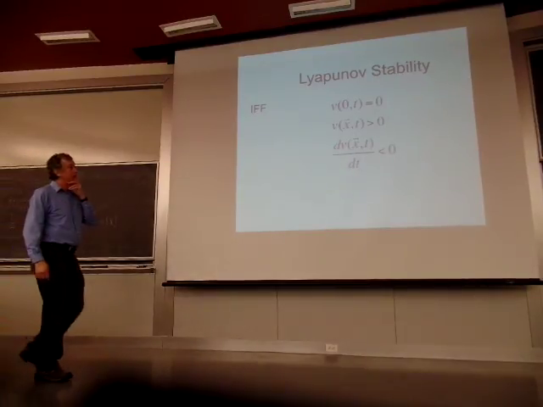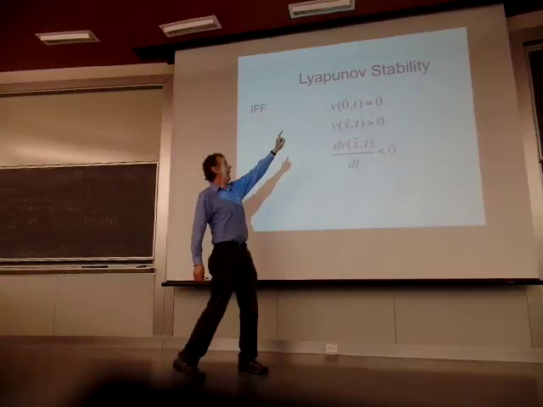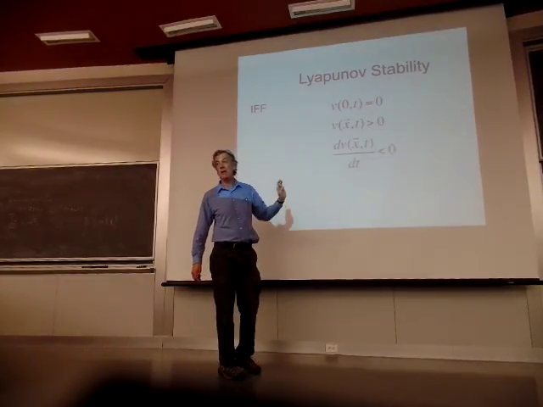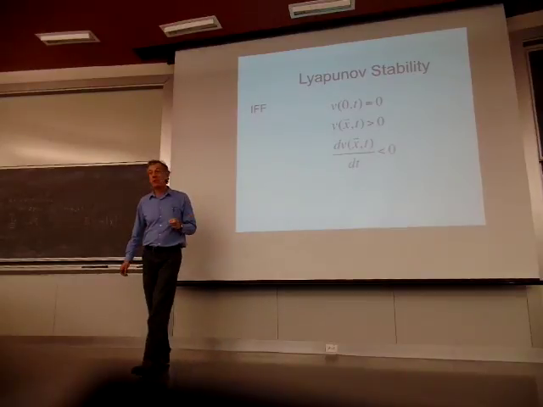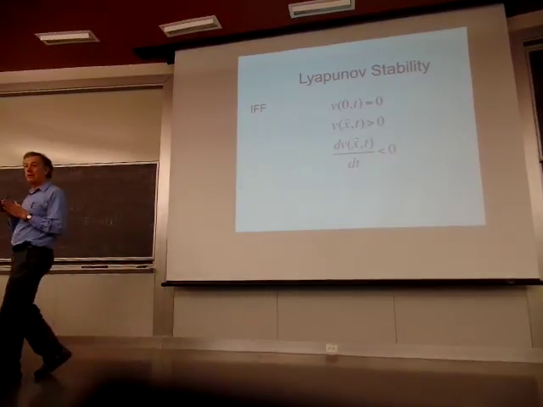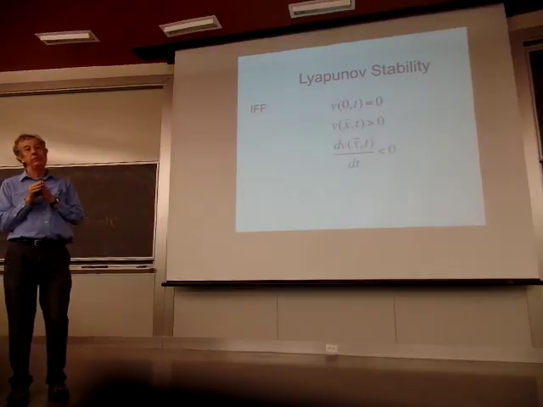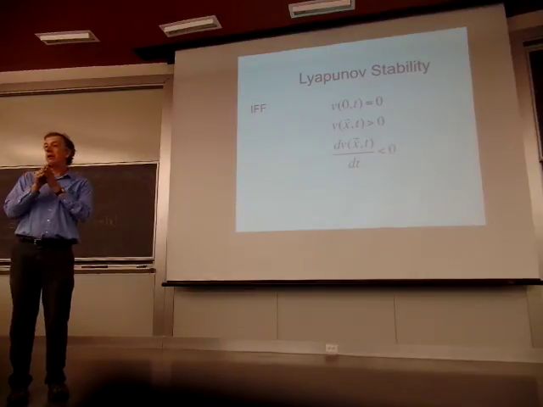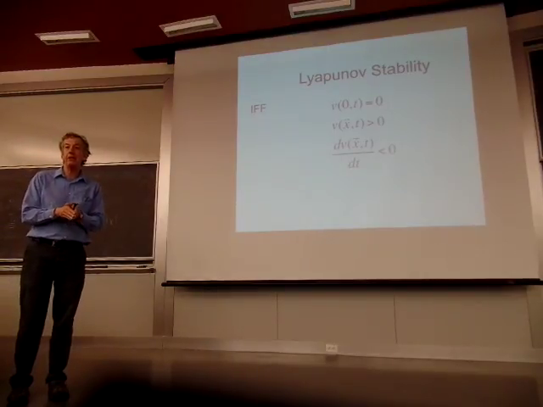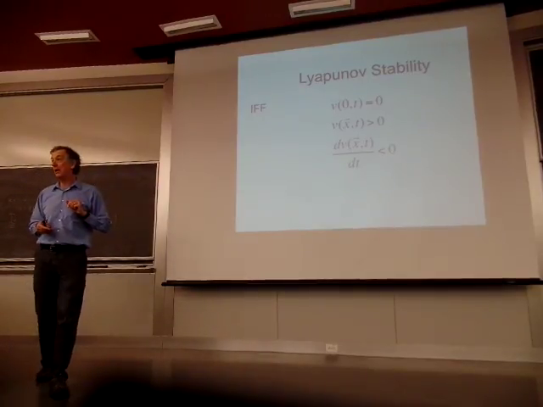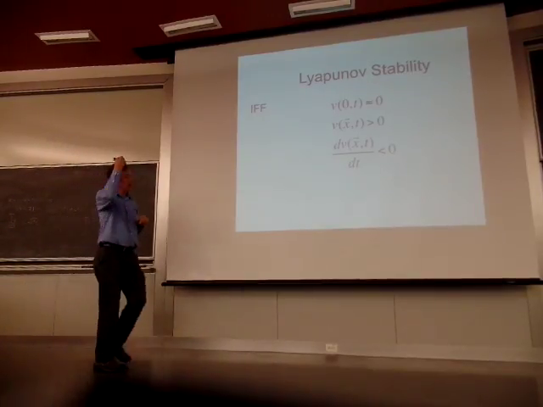these are the conditions. The Lyapunov function at the origin, that's when all the states are 0, for any time, it's going to be 0. So is that the case for energy? Kinetic energy, if velocity is 0, is the energy 0? Yeah. Potential energy, if the position is 0, is the energy 0? Yeah, for all time. So that satisfies that.